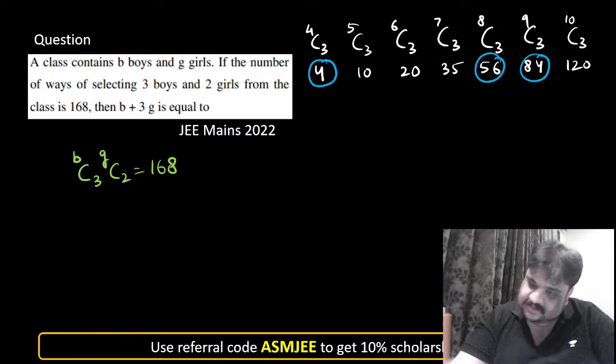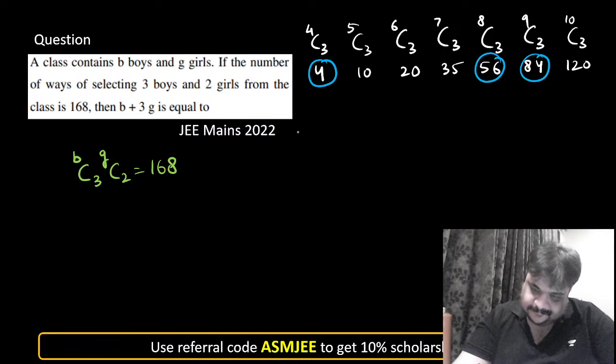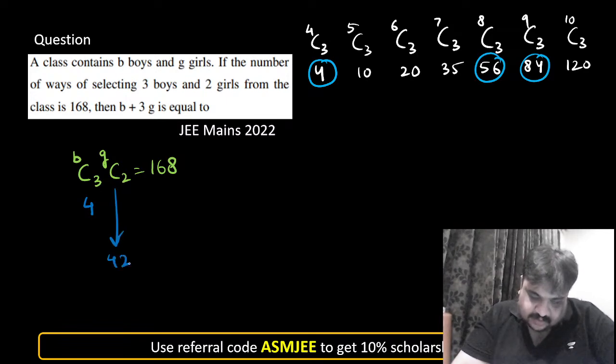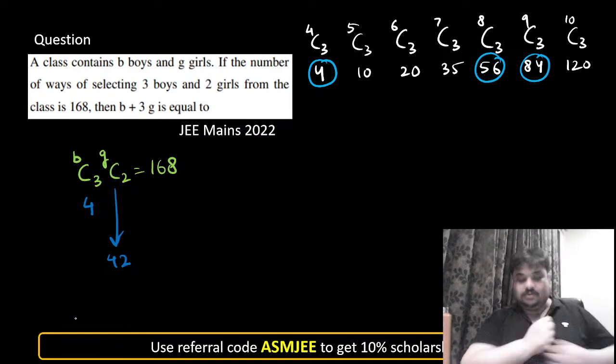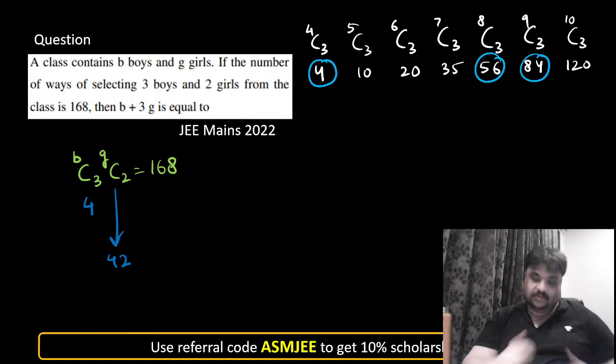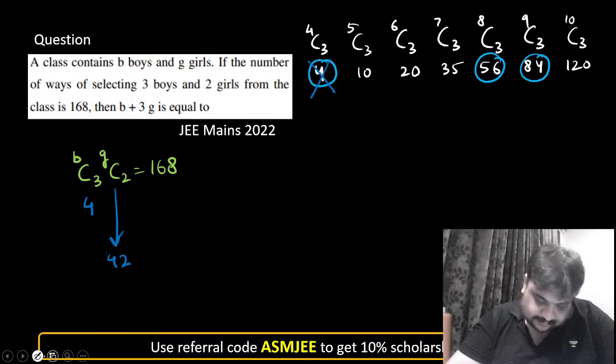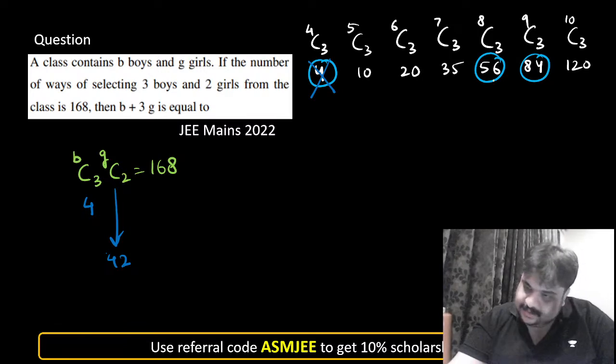This works and this works. So if this is 4, then this has to be 42. Can GC2 be 42? 42 double is 84. No, not possible. 56, if this is 56 then this is 3.